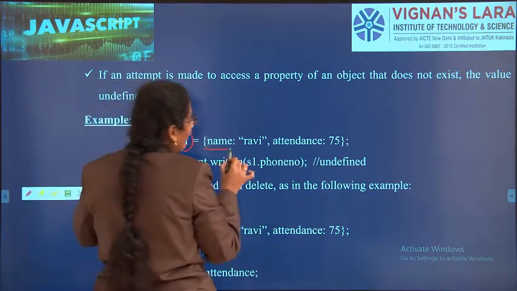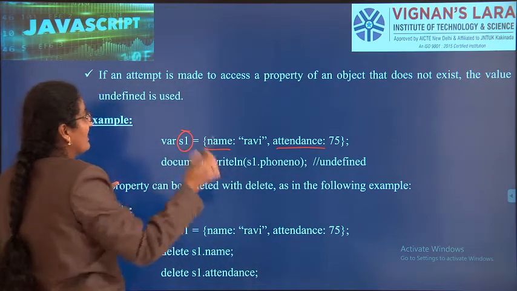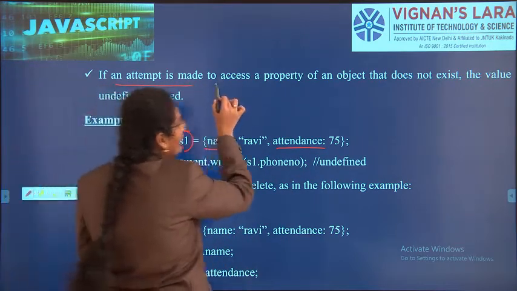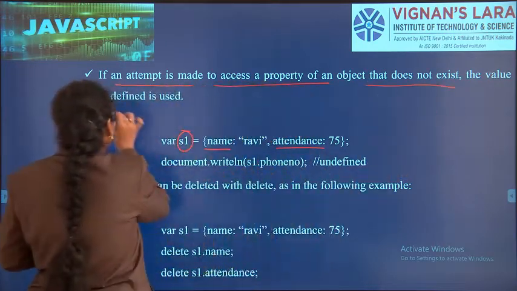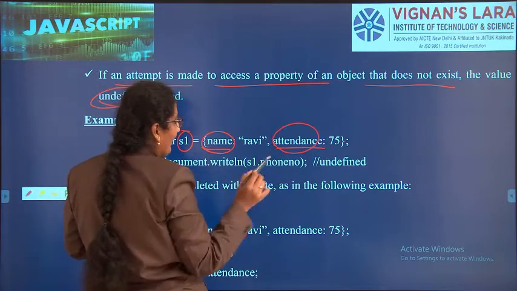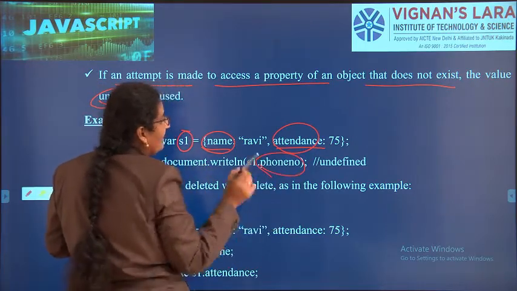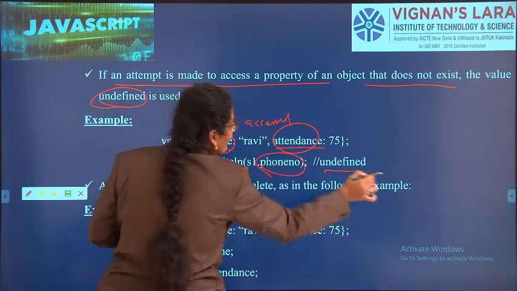I have defined only name and attendance, but I want a property that is not assigned. Name and attendance are defined, phone number is not defined. I want the phone number to be accessed, so that ultimately will be undefined.